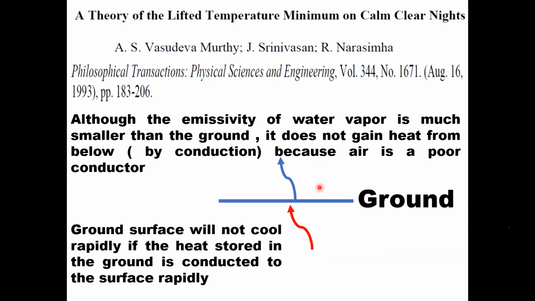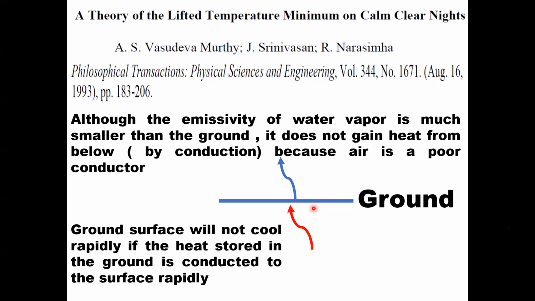So it is a poor emitter, while ground is a very good emitter. The answer is interesting. The air, which is cooling to space through the window region, gains heat from the ground by radiation, and it does not gain much heat by conduction because air is a poor conductor.